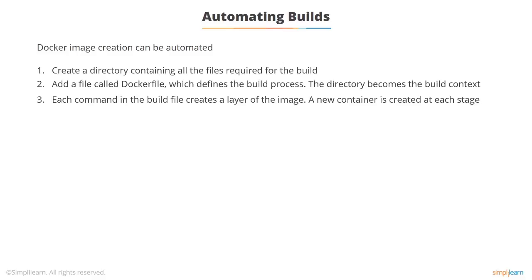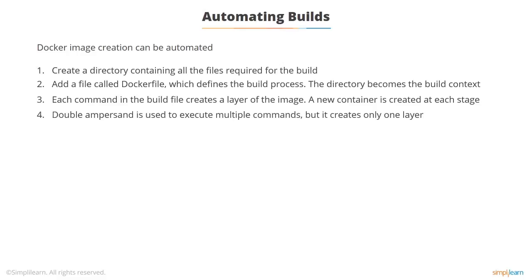So you'll find that a lot of people will write the file where it uses the command concatenation && to execute multiple commands at the same level, so that one layer is actually the product of multiple commands. So if you wonder why there's lots of && in Dockerfiles, that's the reason.